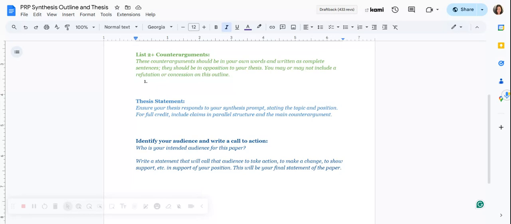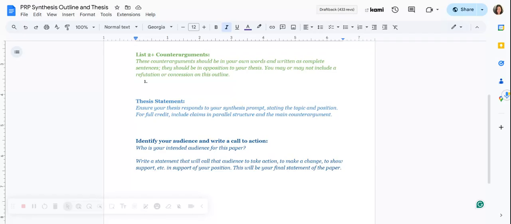I want you to think about your intended audience, because really, anytime we are writing an argument, we should be thinking about what would my audience be thinking? Is my audience for me, against me? Do I need to include more emotional appeal, logical appeal? Do the ethos matter, right? Is my credibility important?